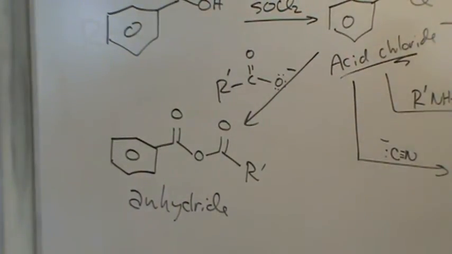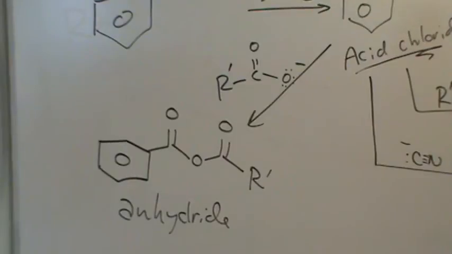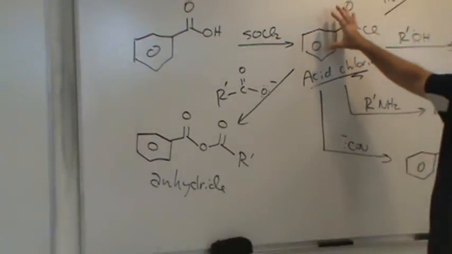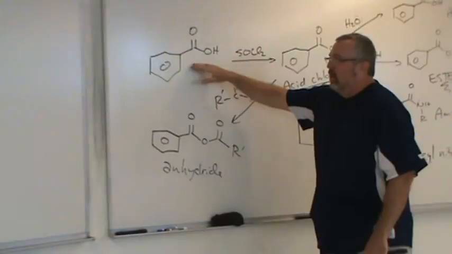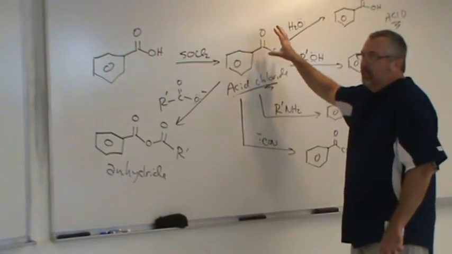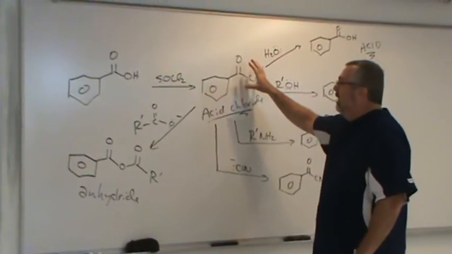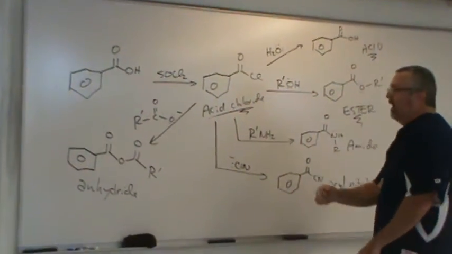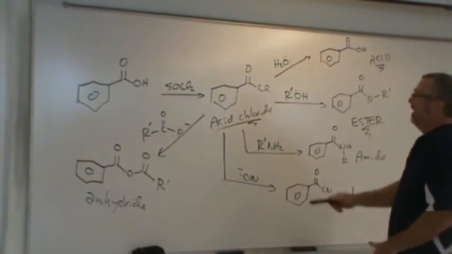All of these nucleophilic addition elimination reactions are possible because the acid chloride is so reactive. What if we'd chosen a different carboxylic acid derivative? What if we'd taken our carboxylic acid and converted it to an amide using an amine and DCC, for example, and then tried to run all these various reactions? What we'd find is that they don't work.